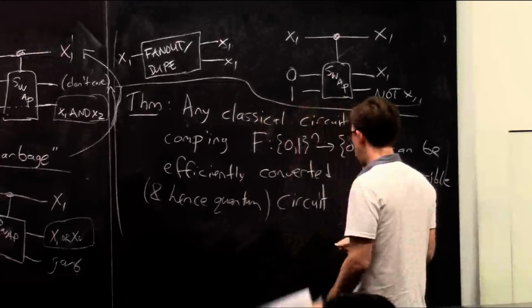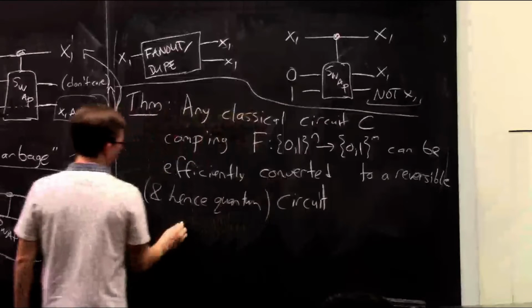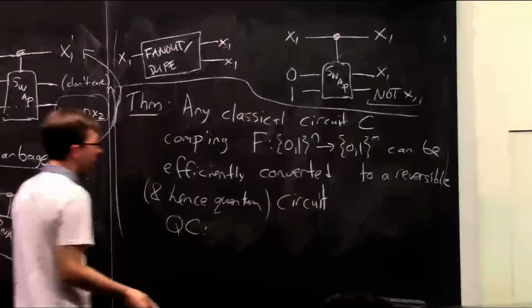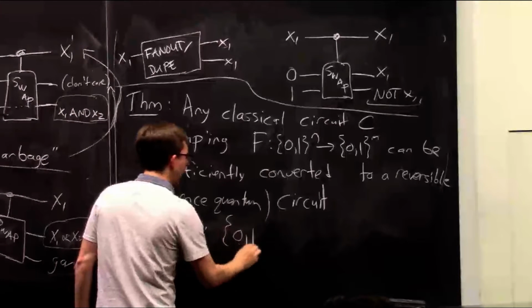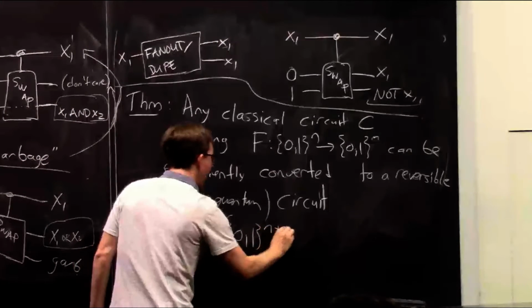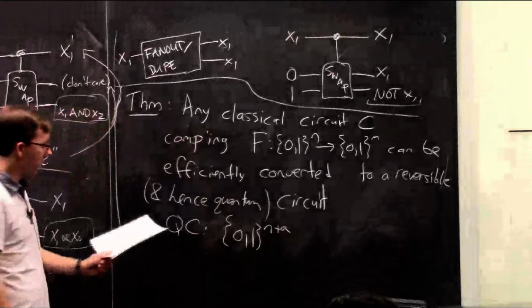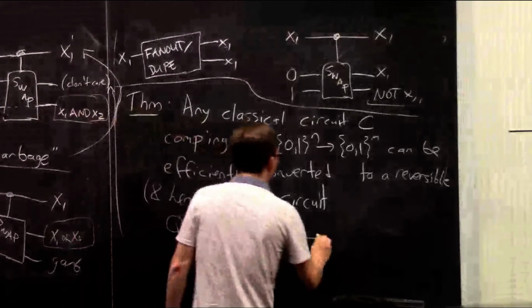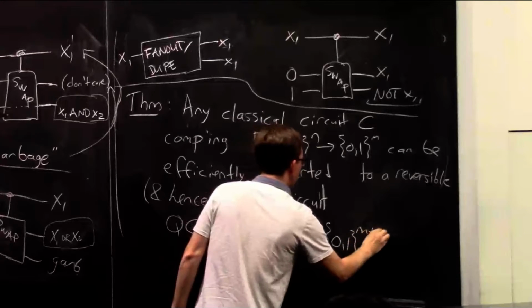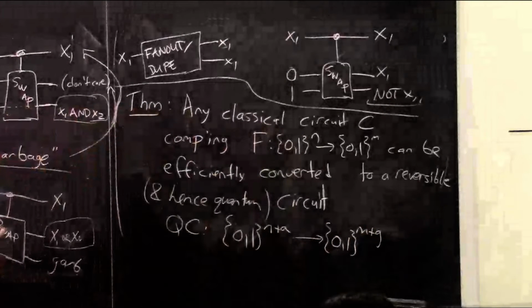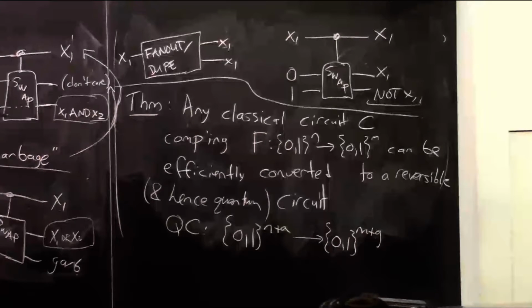Which looks like this. It's some, I'll call it QC for a quantum circuit, or maybe I should call it RC for reversible circuit. But it takes in n plus a bits, a for the number of ancillas, and outputs m plus g bits. m is the number of real outputs, and g is the number of garbage bits.